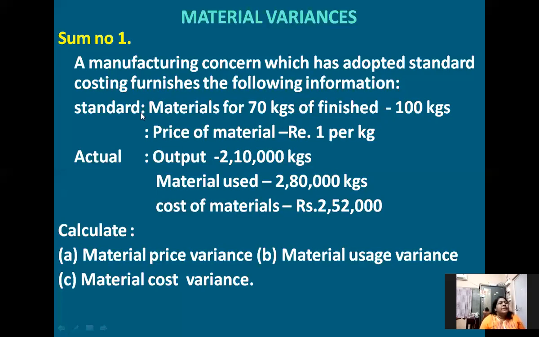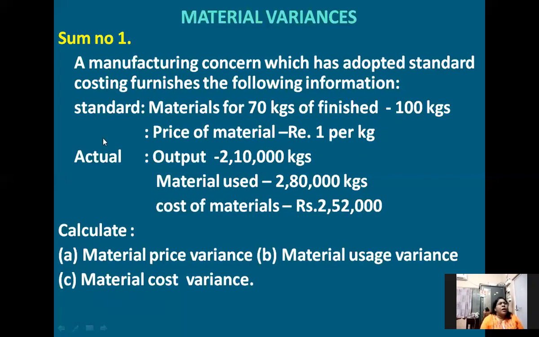The standard quantity is given. How is it given? We are going to use 100 kgs of materials for producing 70 kgs of the finished product. I mean, a standard output of 70 kgs means we are going to use 100 kgs. Then we need to calculate what is needed for the actual output of 2,10,000 kgs. With the information available, we do the calculation.